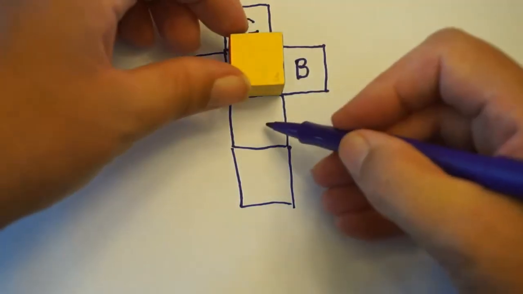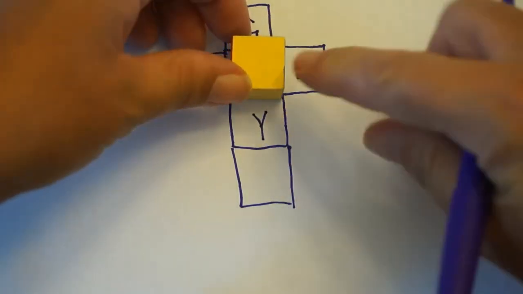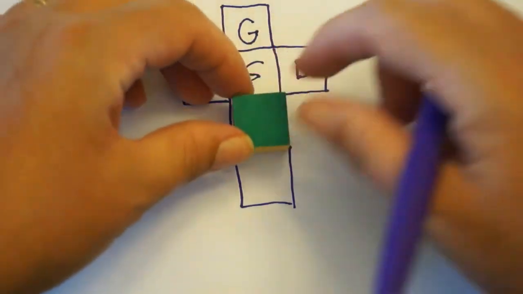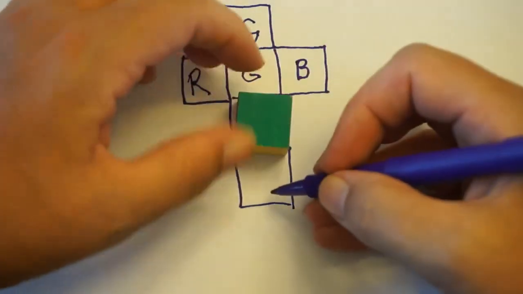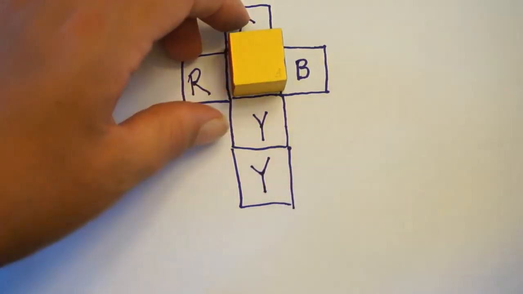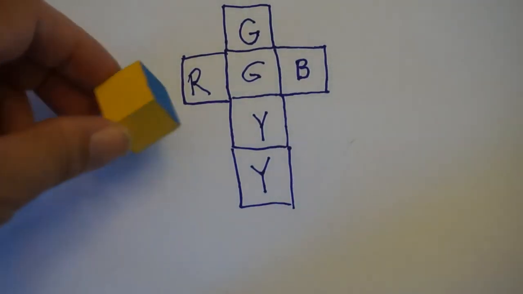And then if I come down this way, this is yellow. And this top face that we've been seeing all along, I could roll that down, and I see that that yellow face is going to end up right here. So I could send this along to you. That would be a description of what this cube is like.